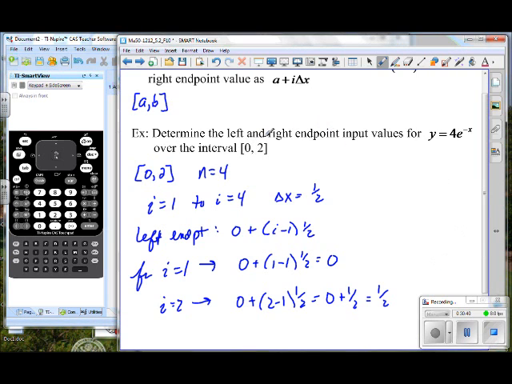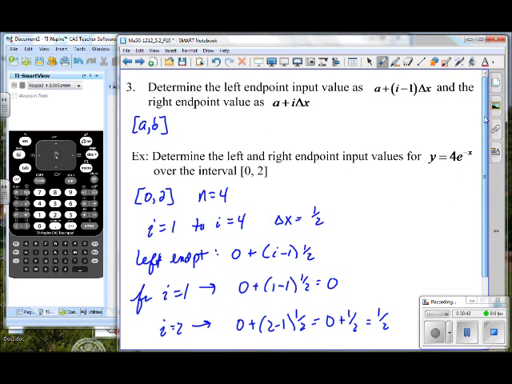If we are using the right endpoint, so we were just working on the left endpoint, the value we're using is just a little bit different.